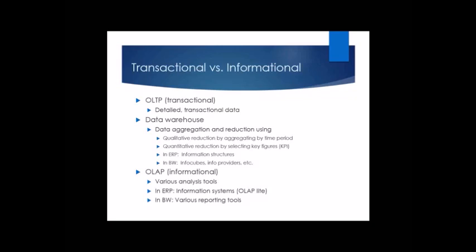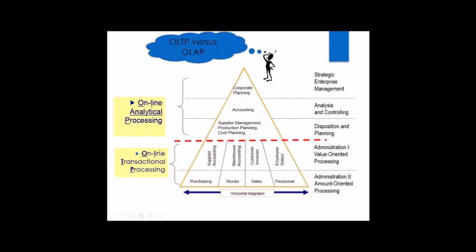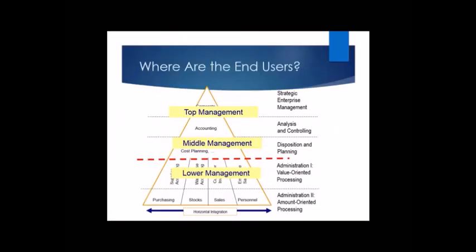Relating OLTP and OLAP back to our previous slide of the information system pyramid, we can see that OLTP corresponds to the operational systems and OLAP corresponds to the planning and control systems. And in terms of users, OLTP will more likely be used to support lower level staff, so lower management, whereas OLAP systems will be used to support middle to top management.